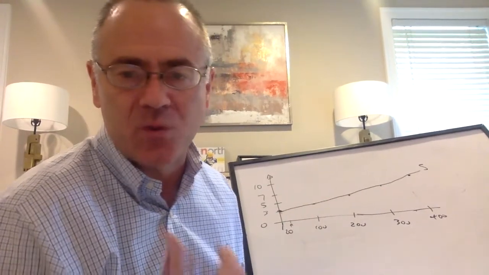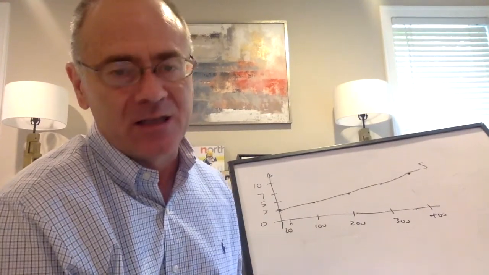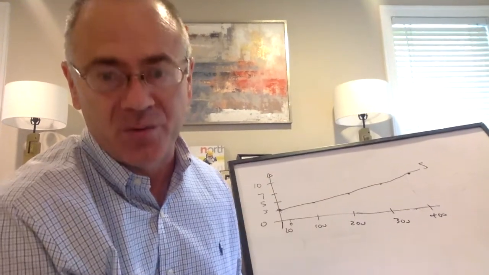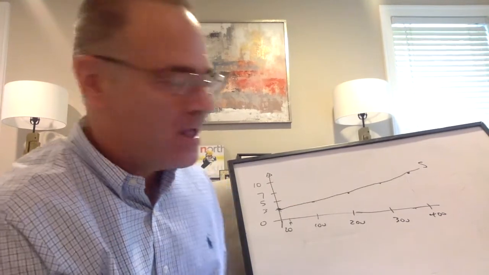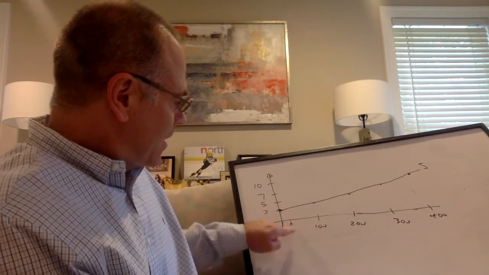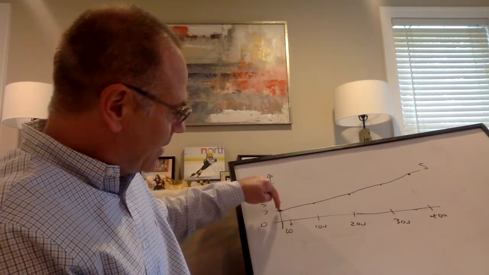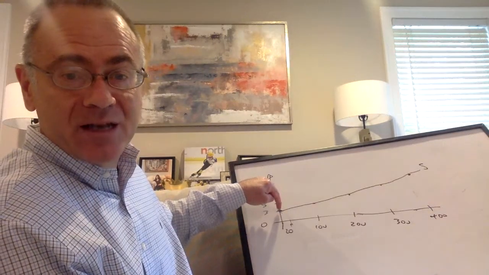Suppose there are 20 different people, and each person is willing to contribute 20 hours. The first person is willing to contribute 20 hours, but only if he or she gets $3 an hour.